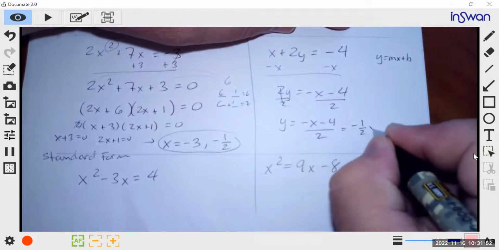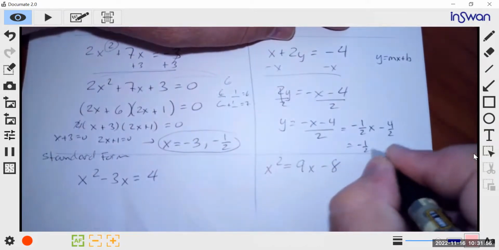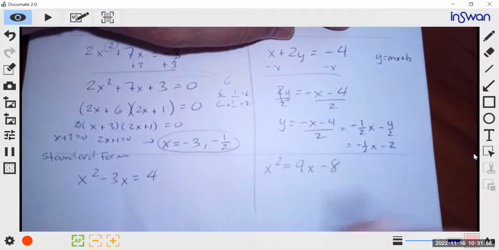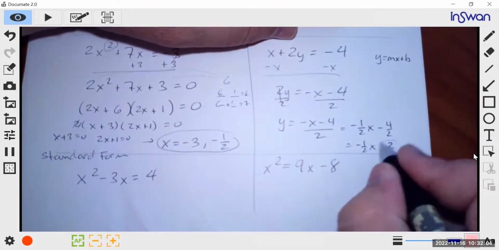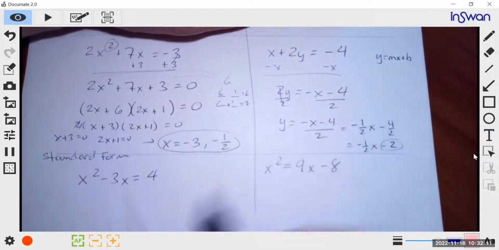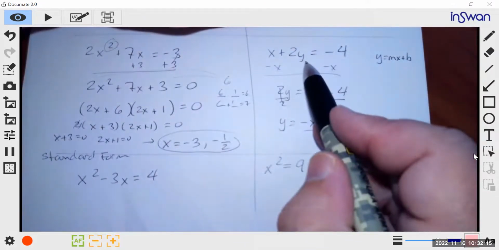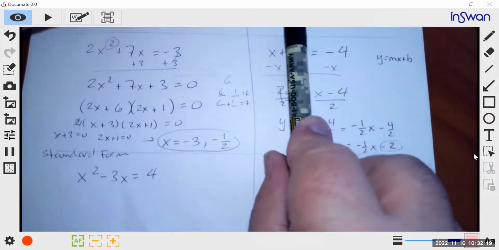Negative 1/2x minus 4/2, which gives us negative 1/2x minus 2. So what's the y-intercept? Minus 2. What's the x-intercept? Nope, that's the slope. The x-intercept. To find the x-intercept, we set y equal to 0, so the x-intercept is negative 4.